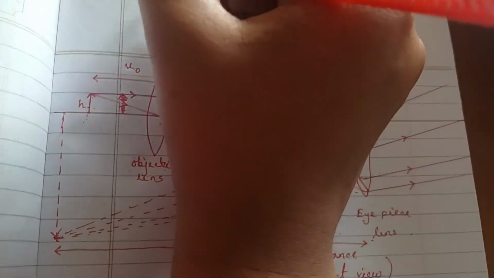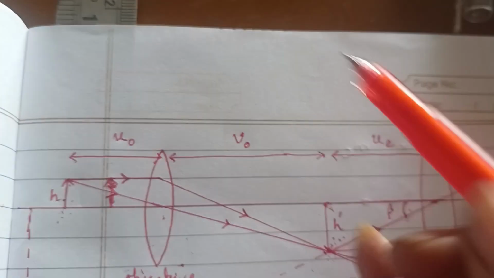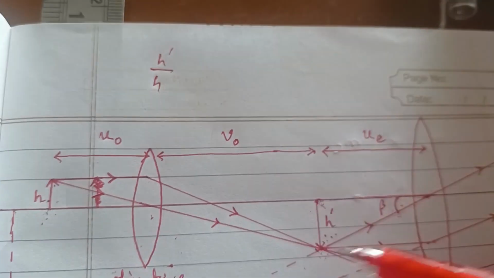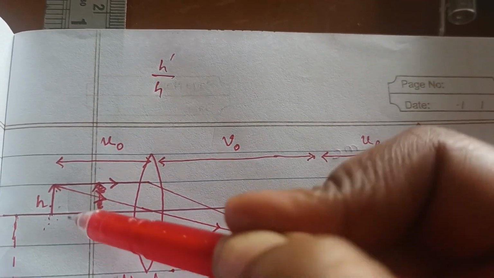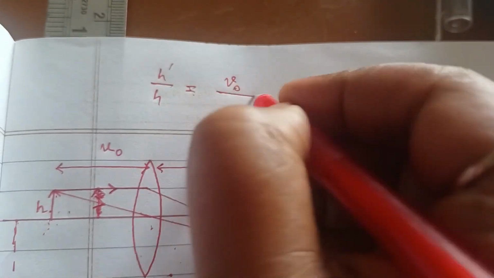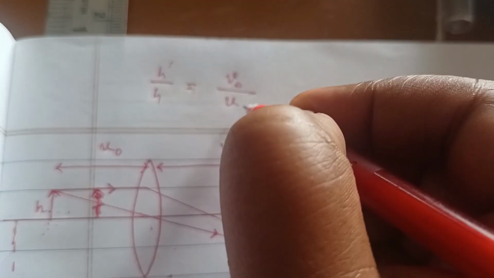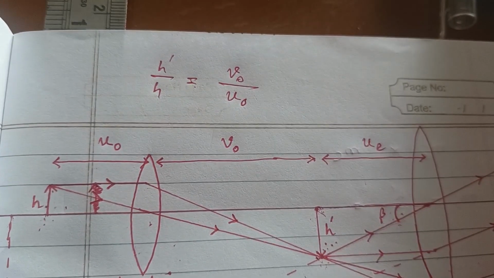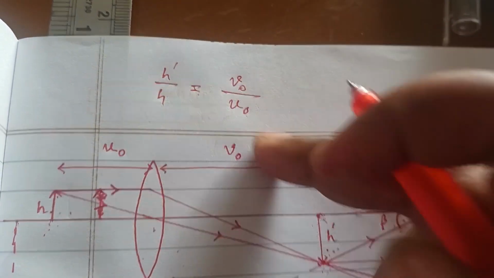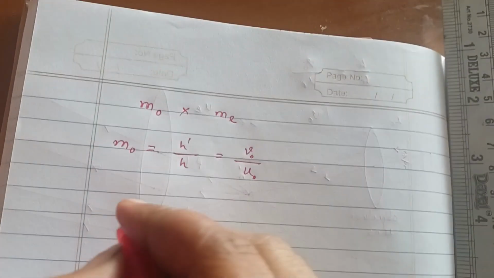So if the magnification is h dashed by h, the image height by object height can also be equal to the image distance by object distance ratio. So h dashed by h can also be written as VO by UO. I'm just going to substitute it over there. Then this is the MO you have simplified.